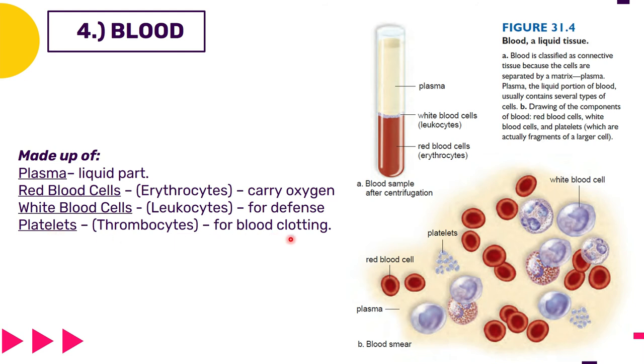So what is blood clotting? When you get a wound, when your skin tears, blood will flow. But after some time, depending on the degree of the wound, for example if it is small, the blood flow will lessen over time until no more blood comes out.